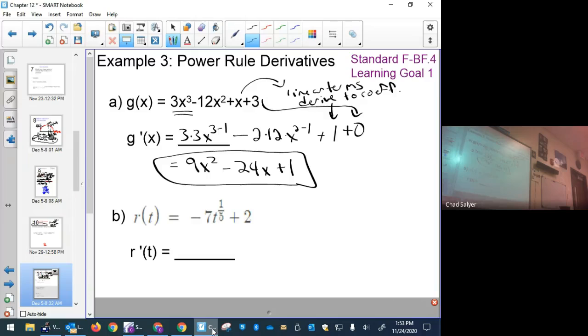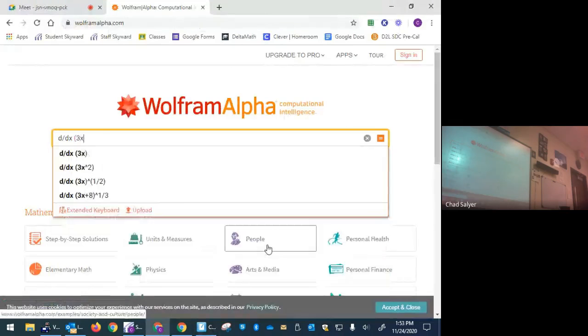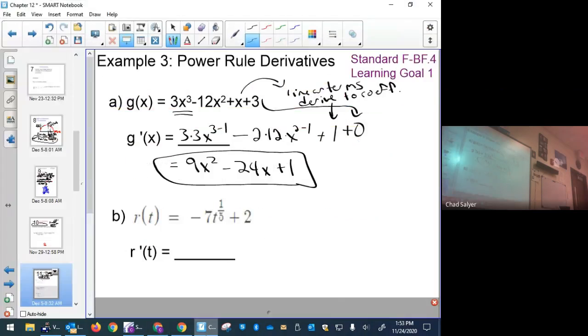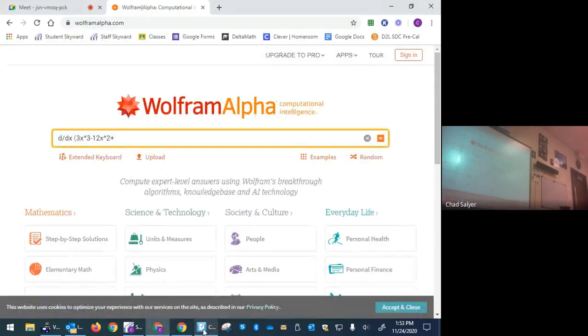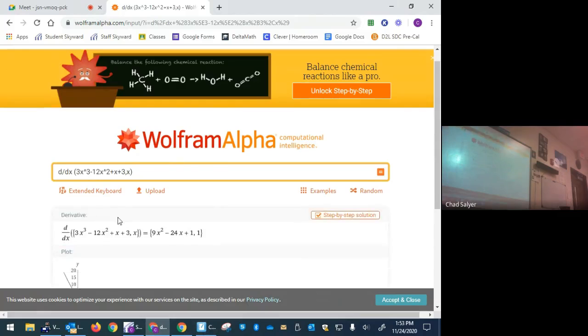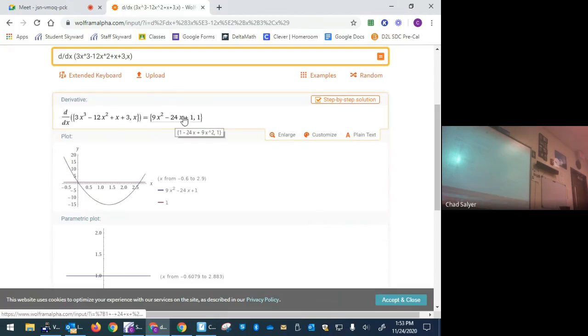And if we do 3x cubed minus 12x squared plus x plus 3 with respect to x, it'll give us the answer. So 9x squared minus 24x plus 1.